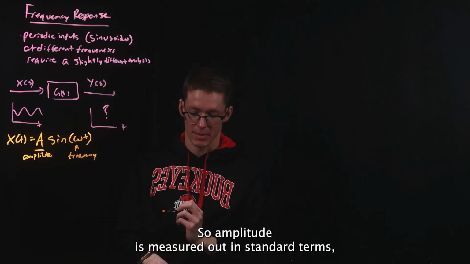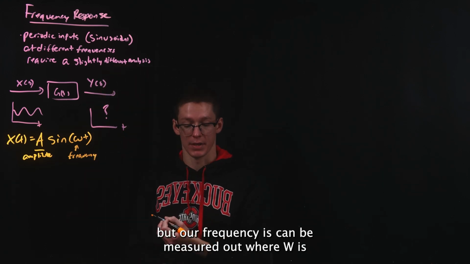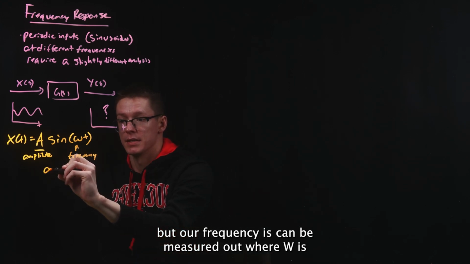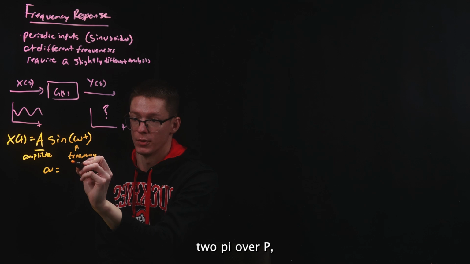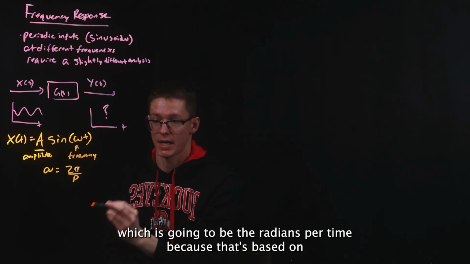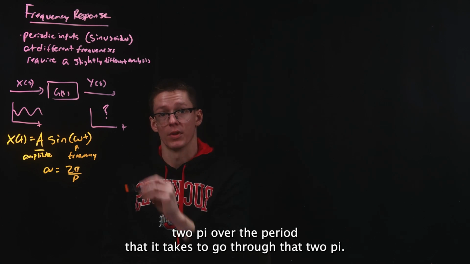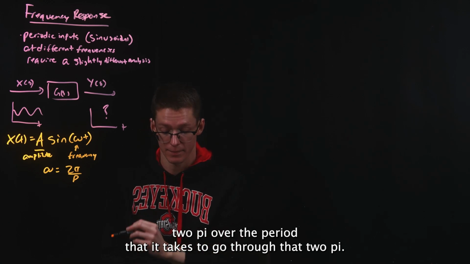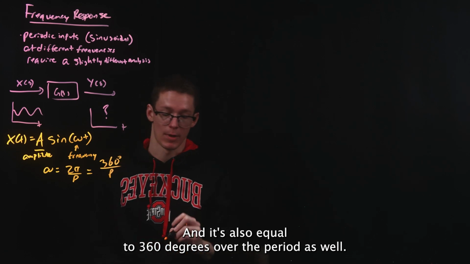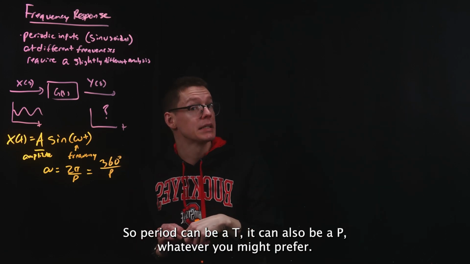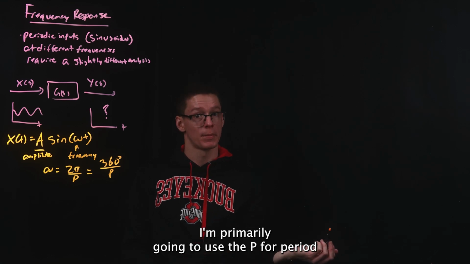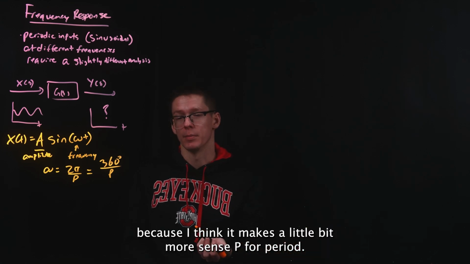Amplitude is measured in standard terms, but our frequency w is 2 pi over P, which is the radians per time, because that's based on 2 pi over the period that it takes to go through that 2 pi. That's also equal to 360 degrees over the period. The period could be a T, it could also be a P, whatever you might prefer. I'm primarily going to use P for period because I think it makes a little bit more sense.